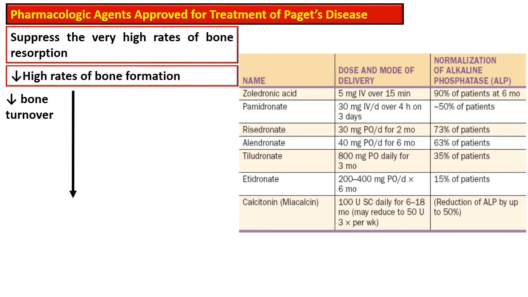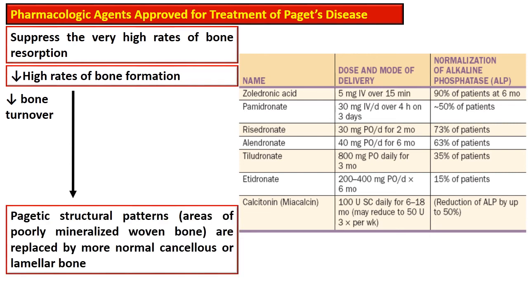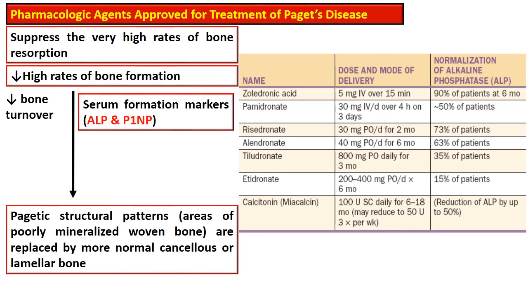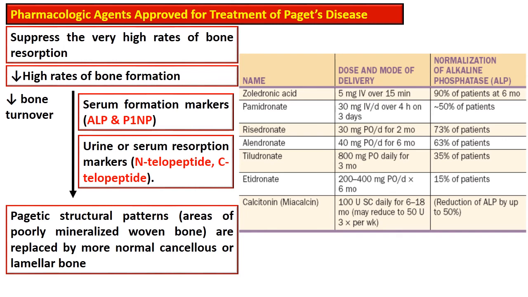So ultimately they reduce bone turnover, and the Pagetic structural patterns such as areas of poorly mineralized woven bone are replaced by more normal cancellous or lamellar bone after the start of treatment. The effectiveness of the treatment can be monitored by serum formation markers such as ALP and P1NP, and urine or serum resorption markers such as N-telopeptide and C-telopeptide.